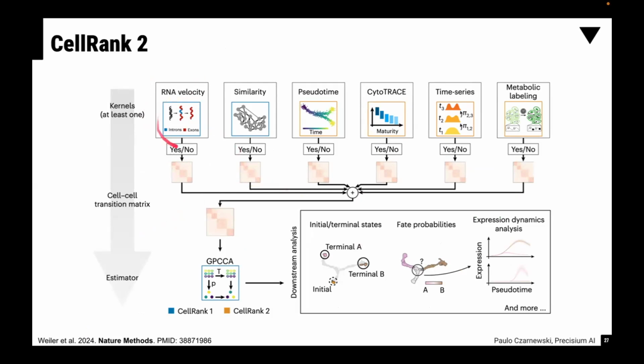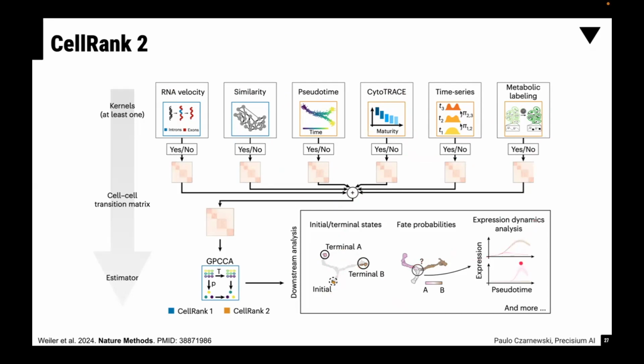So, for example, you combine RNA velocity with the clustering of the cells and their similarity, with pseudotime, with maybe even additional markers of maturity of cells. Maybe you have experiments with different time points, so you know that the cells are differentiating, or if you have some other cell type labeling, let's say lineage tracing, and you can try to combine all of that into one big trajectory that tries to find where is the initial state, where is the terminal state. So these are more like advanced techniques. I haven't used those yet.